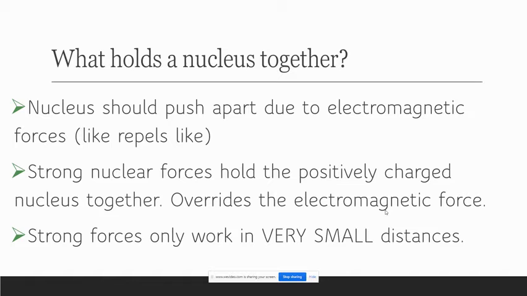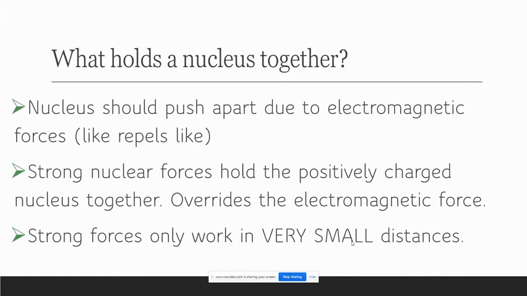But here's the kicker. This strong force only works over very, very small distances. We're talking about the size of a nucleus, which is so ridiculously small that we can't even really perceive that.